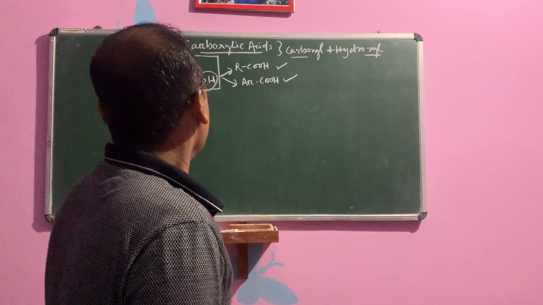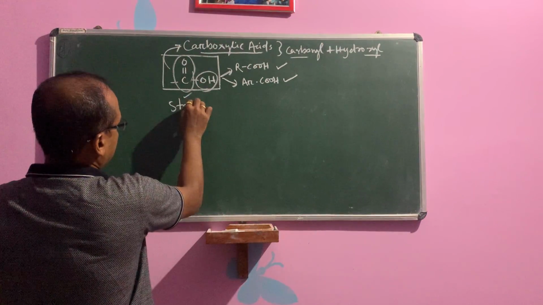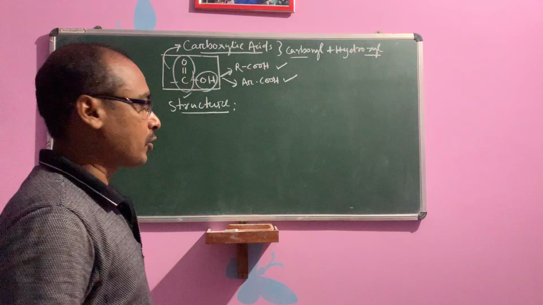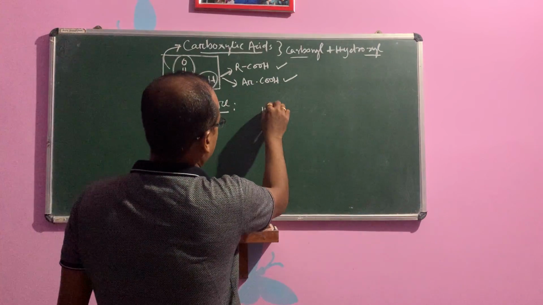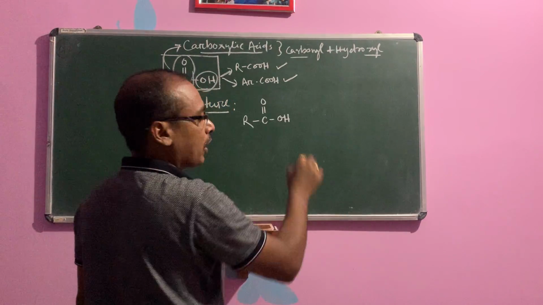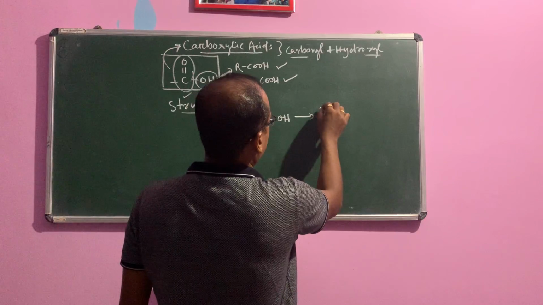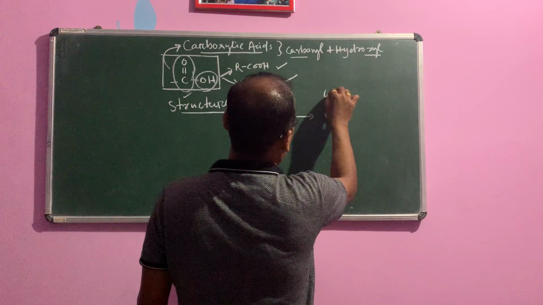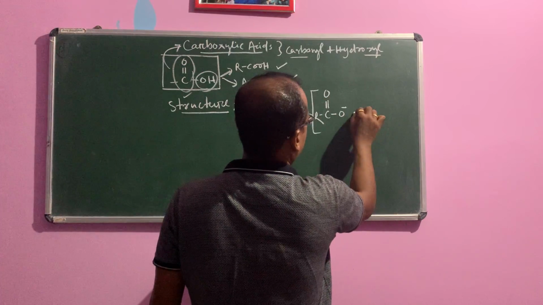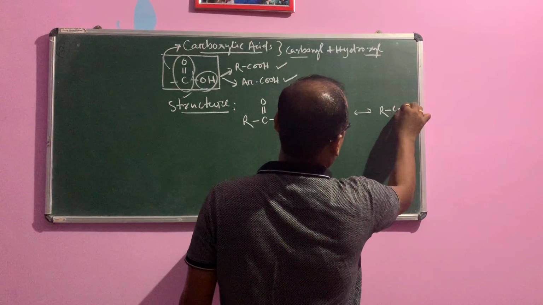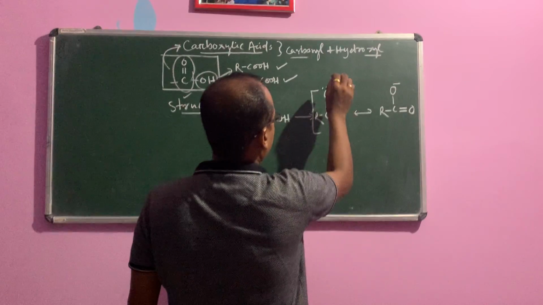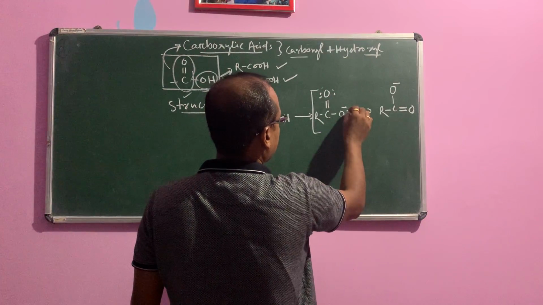So next is the structure. You see, this is your carboxylic acid, that is your OH, or you can take R or Ar. Then C double bond O, R, O minus, derivative, C O minus, double bond O. We put the lone pair on both sides.